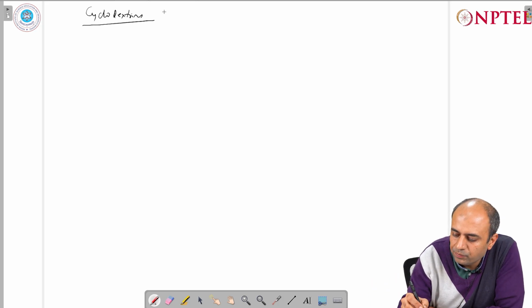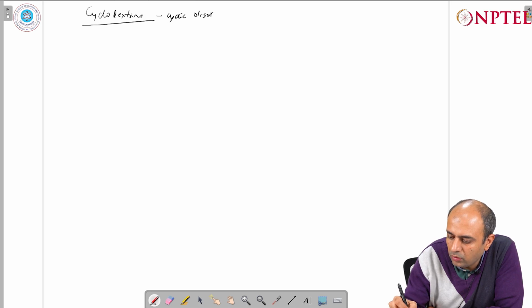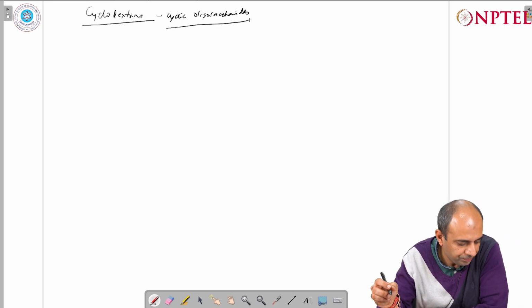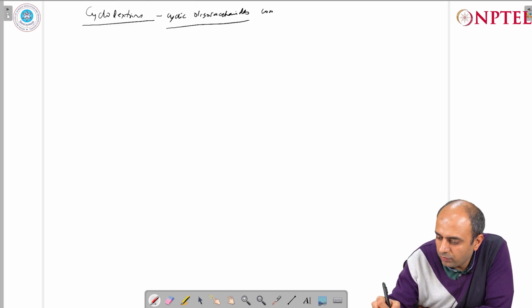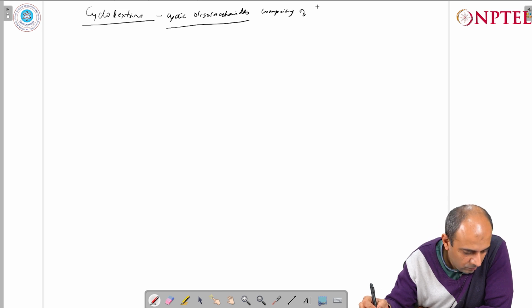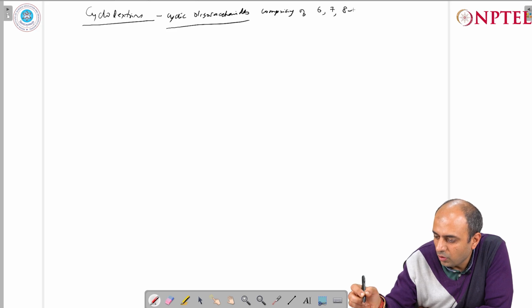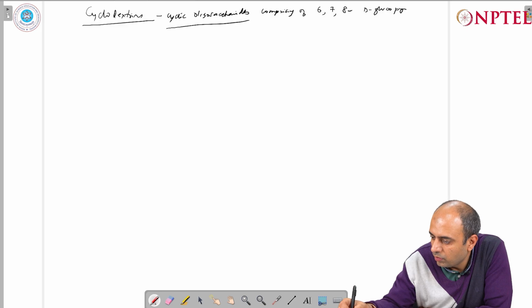Essentially, these are cyclic oligosaccharides comprising of either 6 or 7 or 8 D-glucopyranoside linkages.